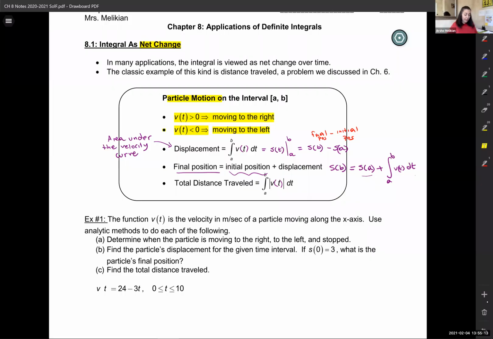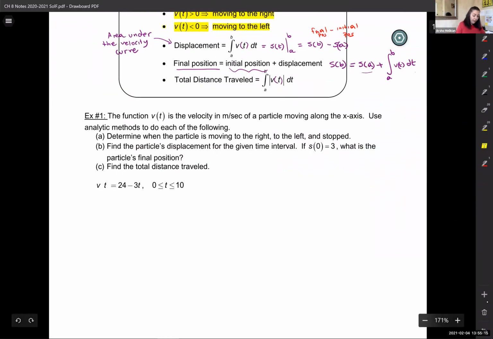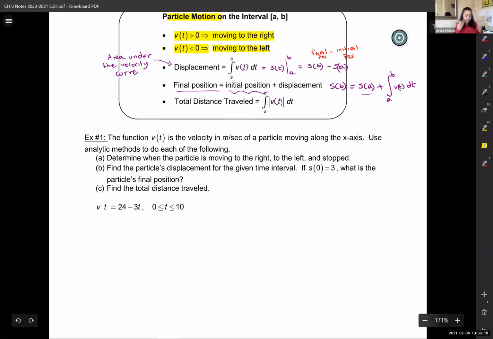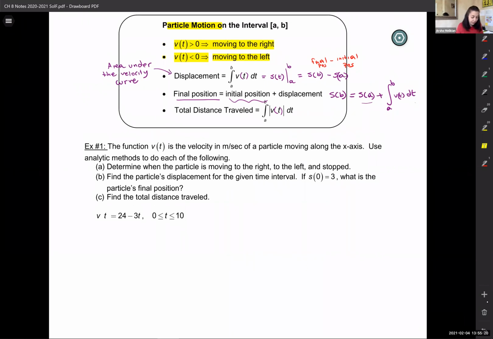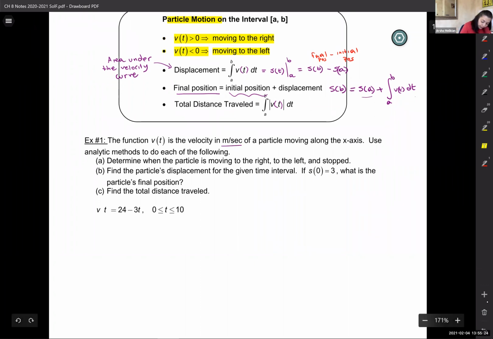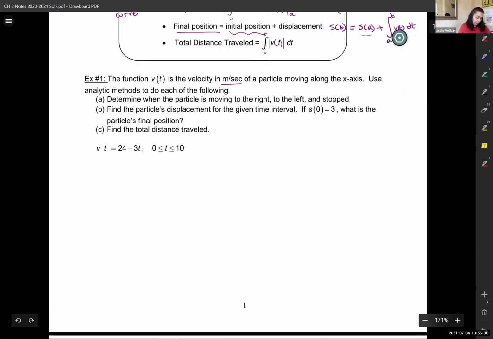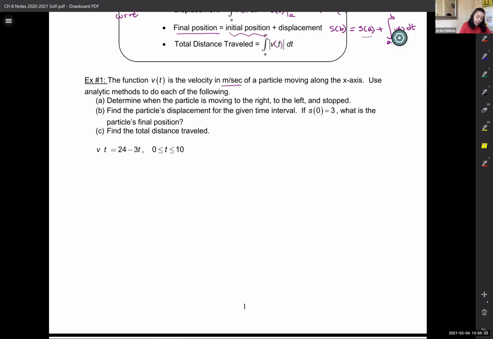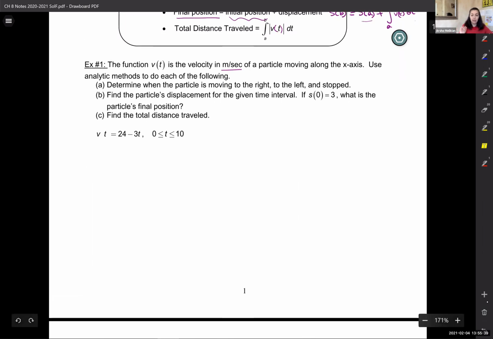Okay, so let's move on to this first problem here. The function v of t, we're told, is the velocity in meters per second, that's important, of a particle moving along the x-axis. Use analytic methods to find each of the following. First, determine when the particle is moving to the right, left, and stopped. That is just based on velocity.